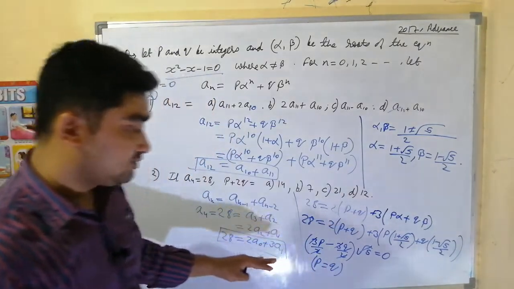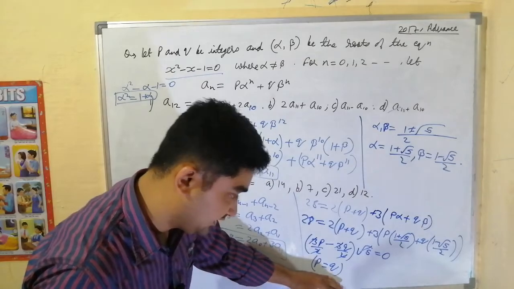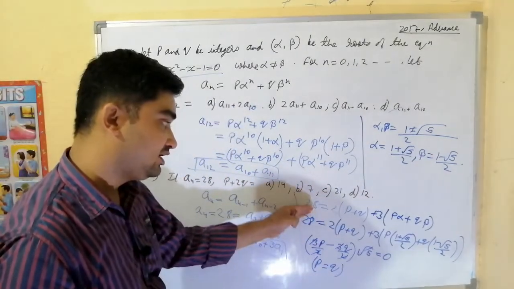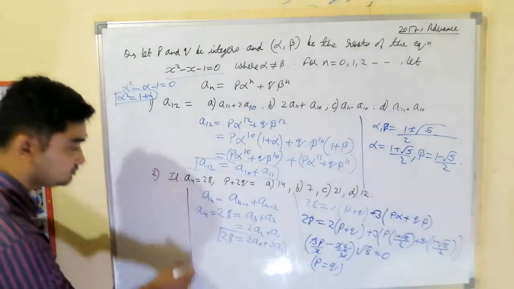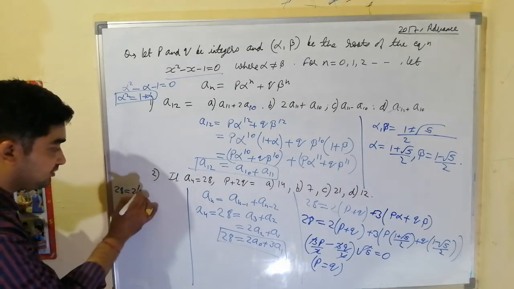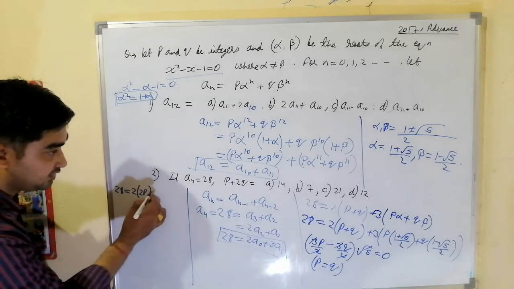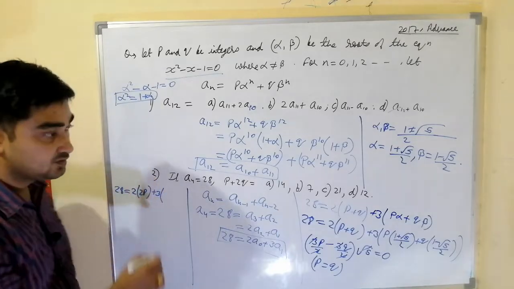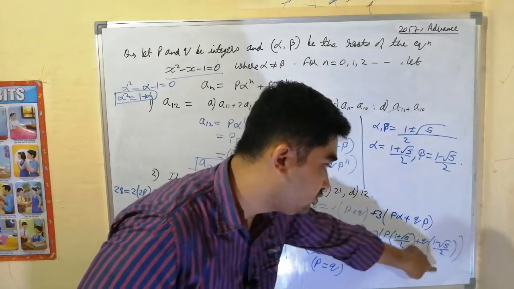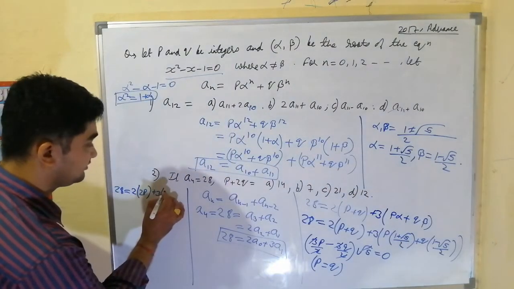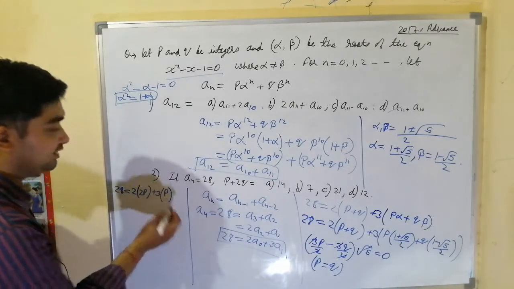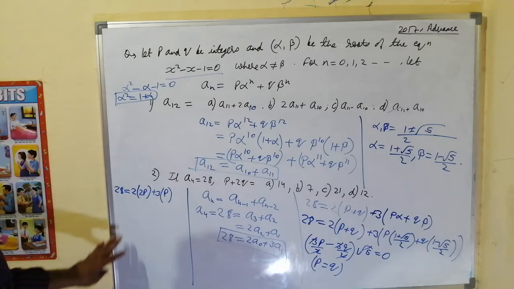Now using this condition, we will find what is p plus 2q. Again in the given equation put p equal to q. 28 is equal to twice of p plus q, which will become twice of 2p, since p and q are equal, plus 3 times of p by 2 plus 3 times of q by 2, which will make it 3 times p, because p by 2 plus p by 2 is p, because p is equal to q.